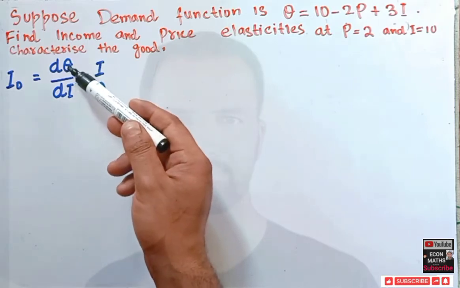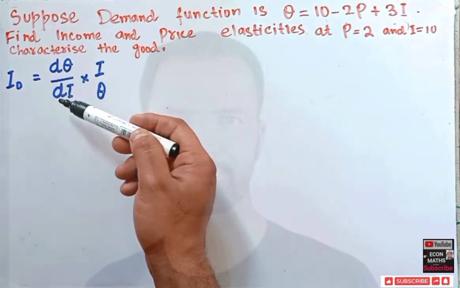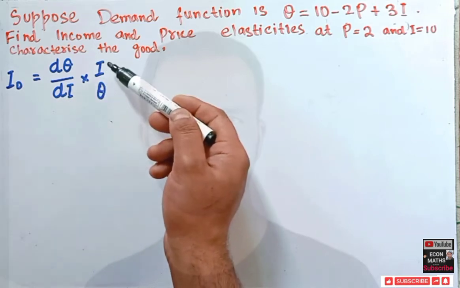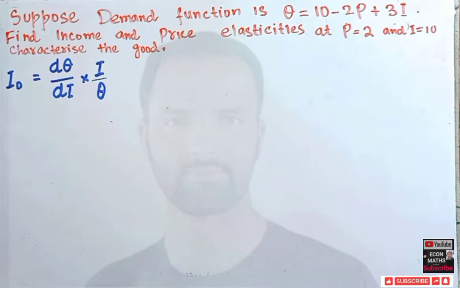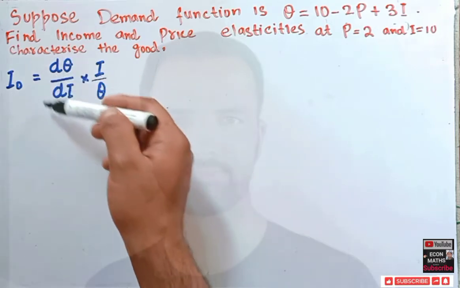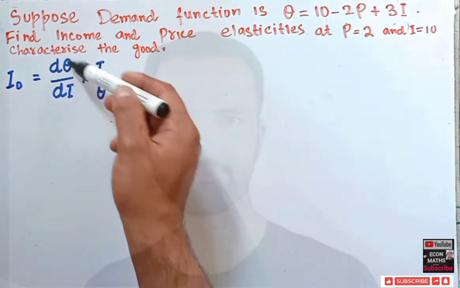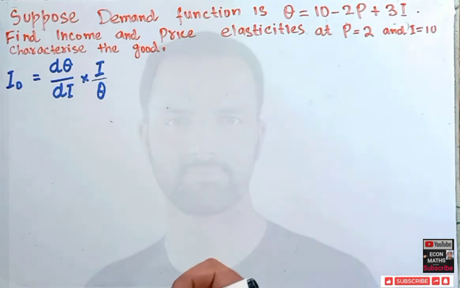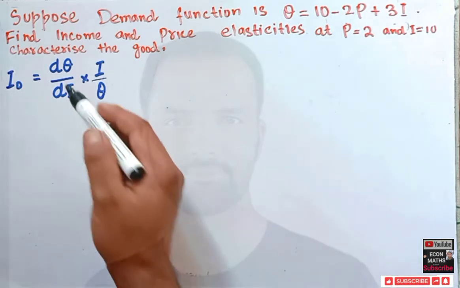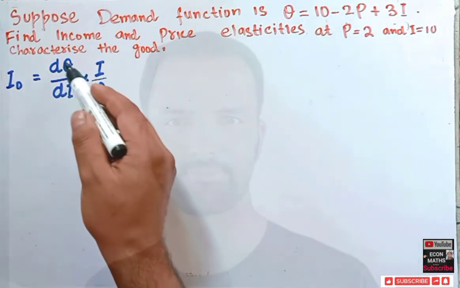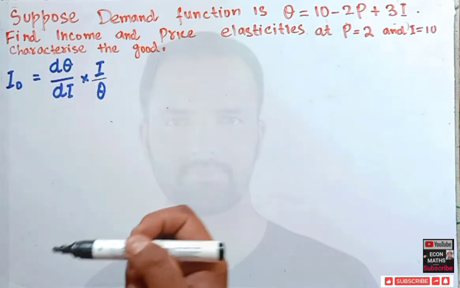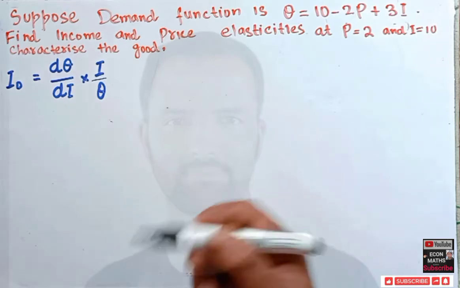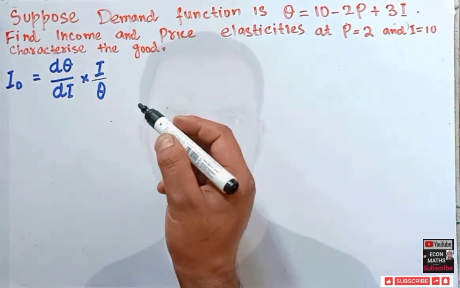Change in quantity demanded with respect to change in income times the original income divided by original quantity. This term means the derivative of our demand function. So how do we find this derivative here? For that, we first calculate our total quantity demanded.